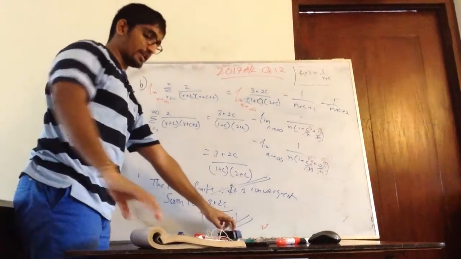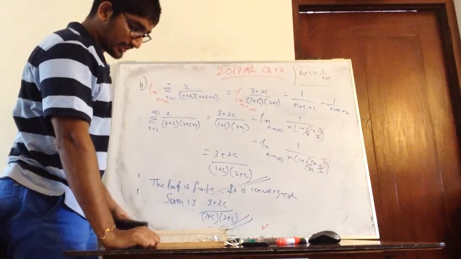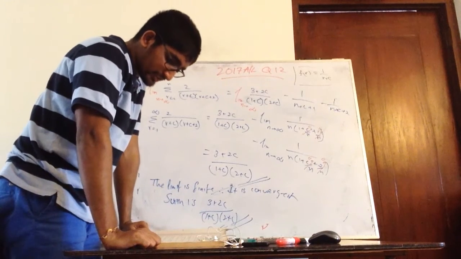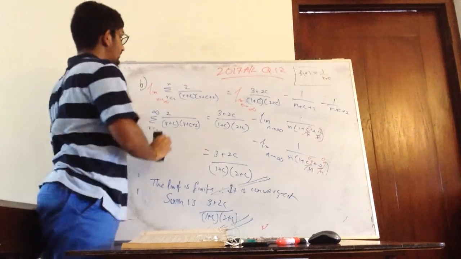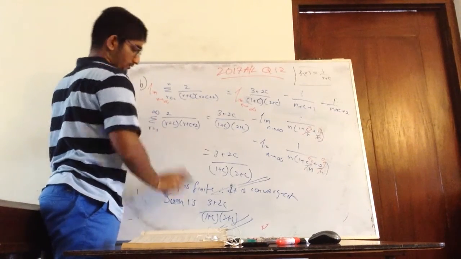Right. So now what are they asking next? So then they are asking, by using this sum with suitable values of r, show that the given equation. Right.